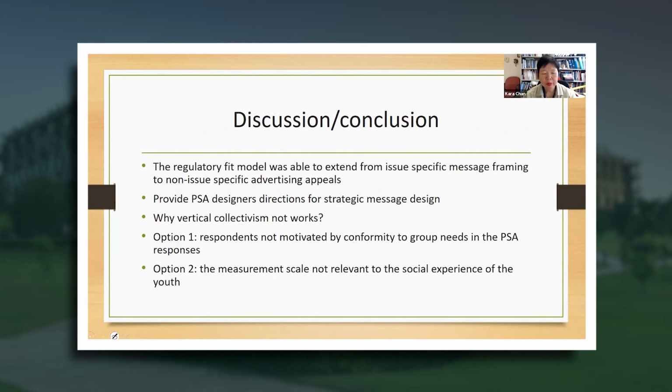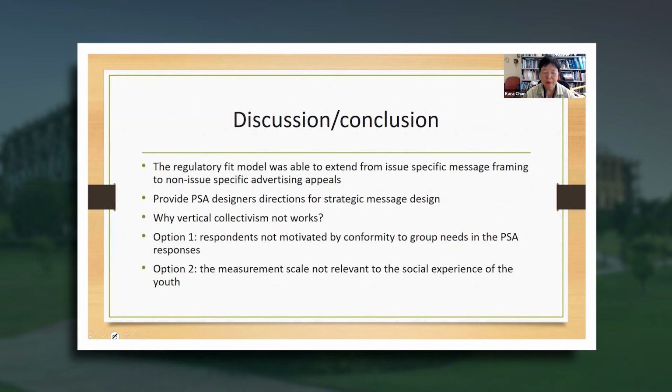And we also thought about why vertical collectivism didn't work. Vertical collectivism basically says that I will listen to those people in my group, but of hierarchy, more authoritative members.